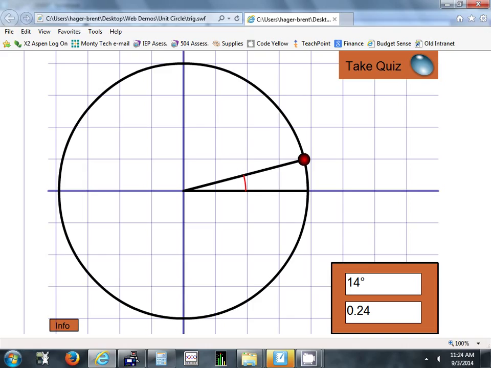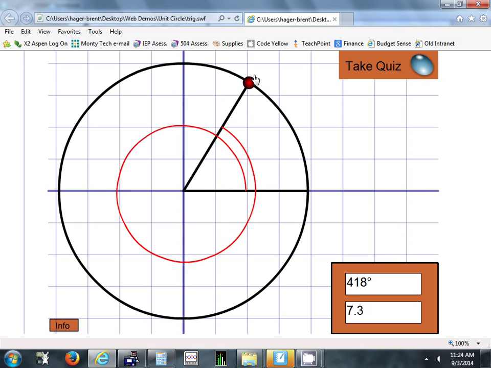We will in a little bit. Straight up, there's your 90-degree angle. 180, 270, and then 360. When we get beyond 360, to sketch it, you'd have to do something like that. You have to show the spiral indicating you went around one full time, and then you went a little bit beyond. So there's your positive angles.